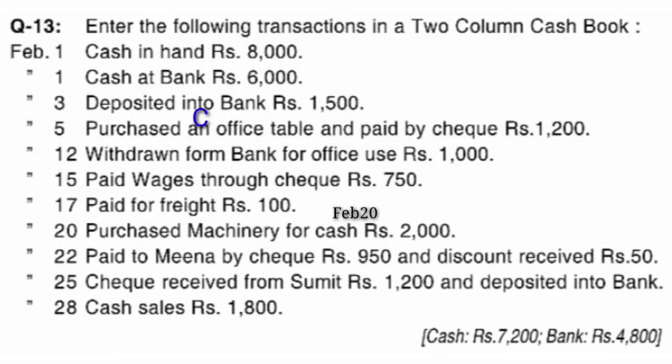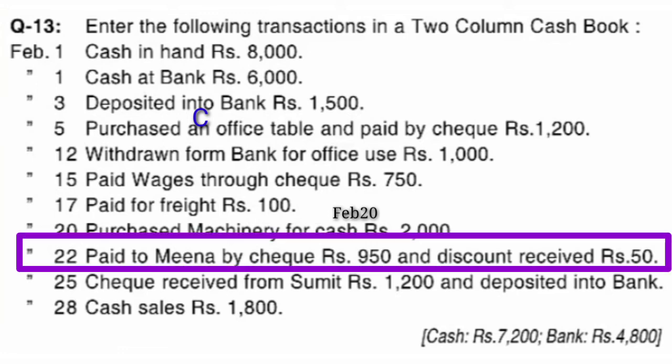Next transaction. On Feb 22, paid to Meena by check rupees 950 and discount received rupees 50. Here we are paying to Meena from bank. That means by check. By check means paying from bank rupees 950, and discount received rupees 50.